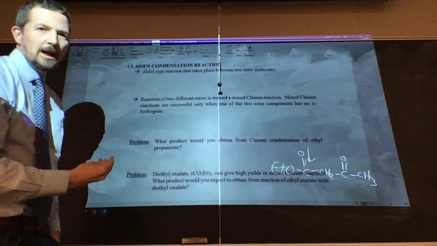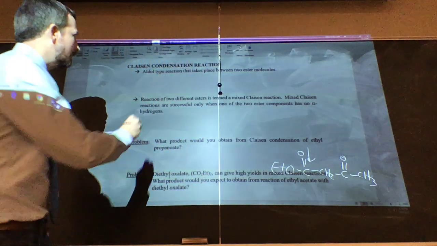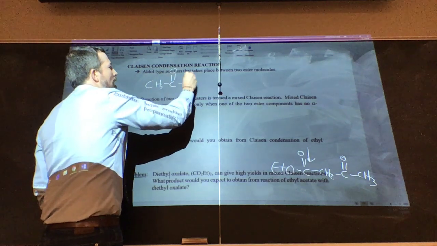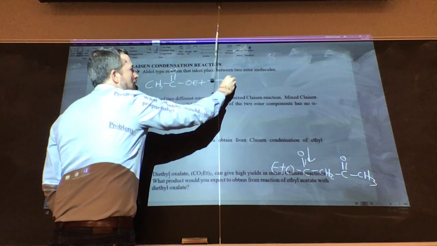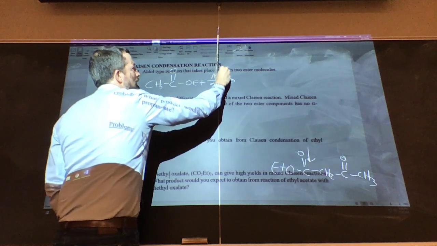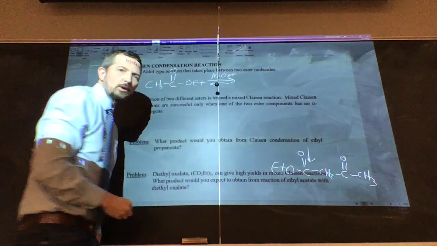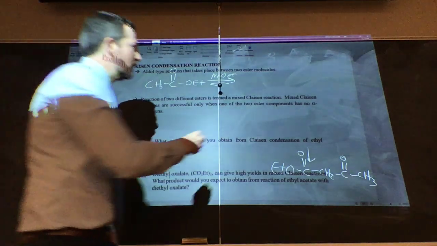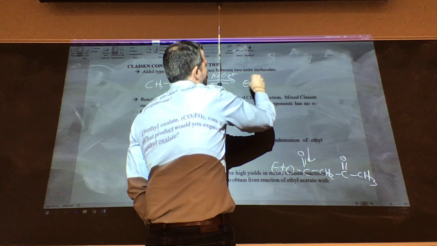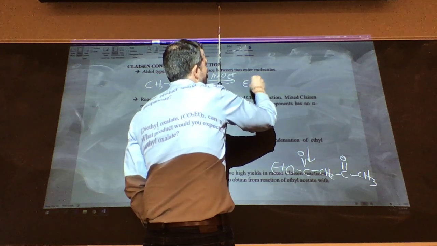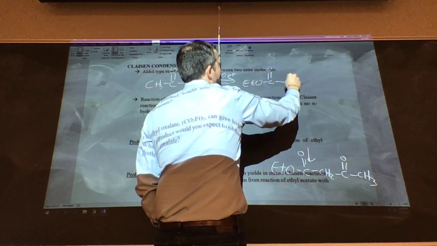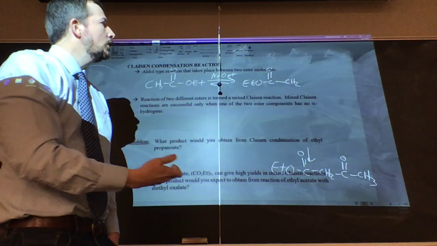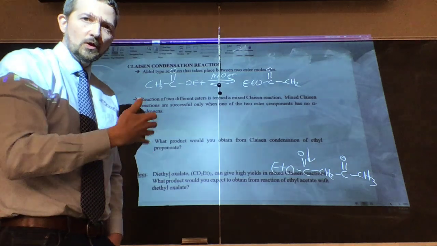So if I was just drawing out this one, I didn't want to go through the whole mechanism. I just wanted to draw the product of that reaction. I draw out one of my ester molecules, and at the alpha position, I'm going to take off one of my hydrogens and show something connected to it.